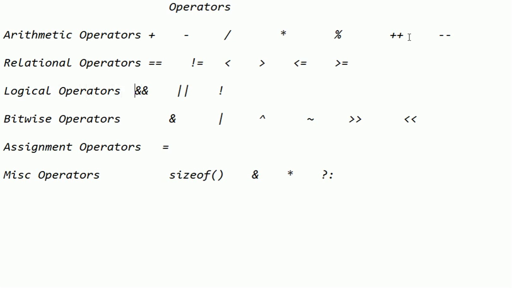Logical operators. In logical operators, we have three types: double ampersand, pipe operator, and logical not operator. A double ampersand operator will return true only if both the operands passed to it are true. So let us consider an example where a equal to 2 and b equal to 5.